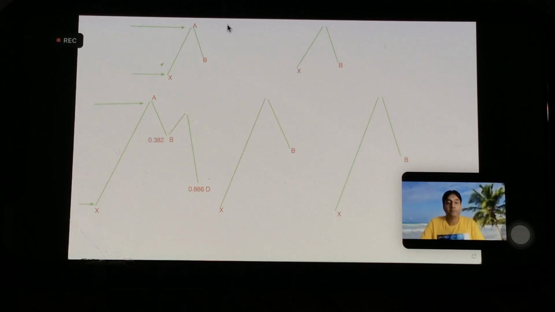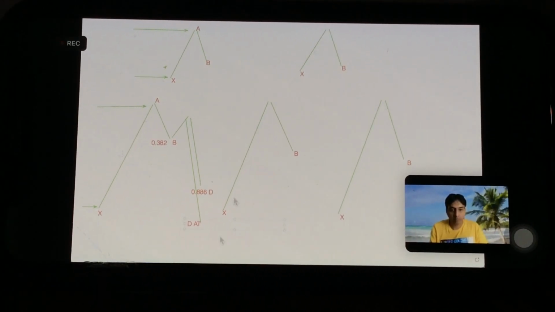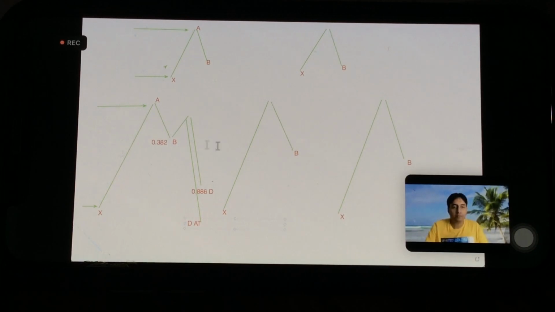It can be alternate bat. Alternate bat will have B point at 0.382 and D at 1.13.